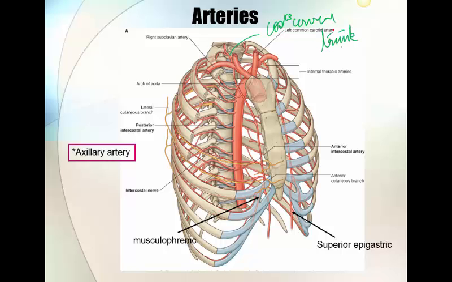And the costocervical trunk in the first two spaces gives off the posterior intercostal arteries. So in the first 2 spaces, the posterior intercostal arteries come from the costocervical trunk. In the remaining 9 posterior intercostal spaces, the branches come from the thoracic aorta.